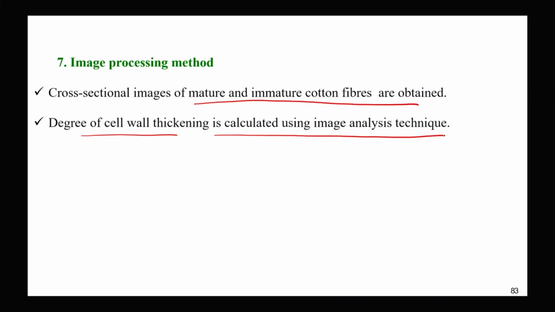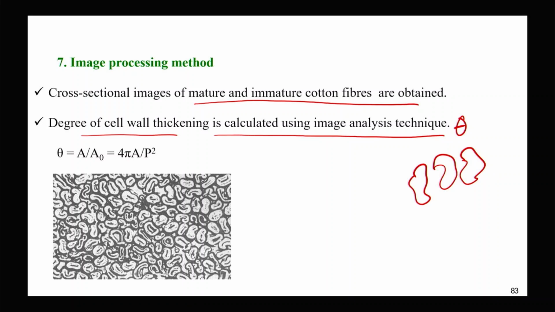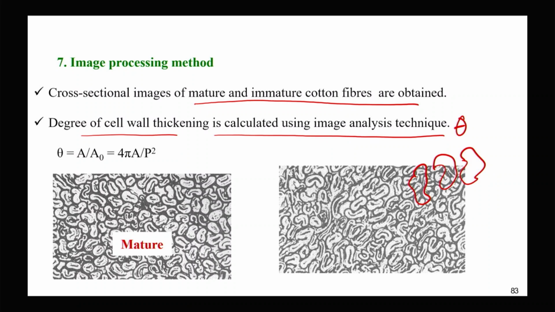So in image analysis we can also measure theta. We take an image photo of the fibers, and by image analysis we can calculate the actual area of the fiber. So this is the mature fiber image and the immature fiber image that we can calculate.